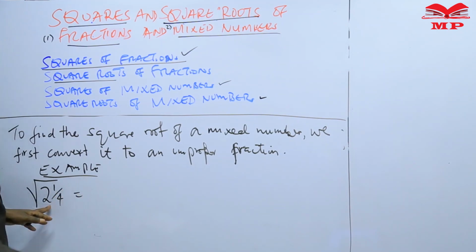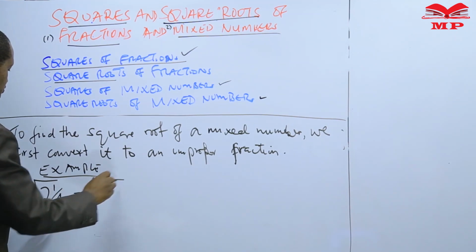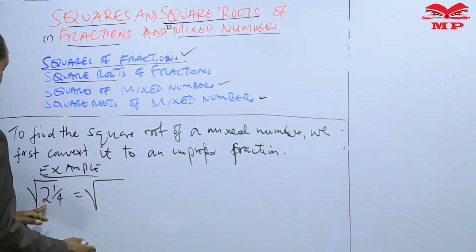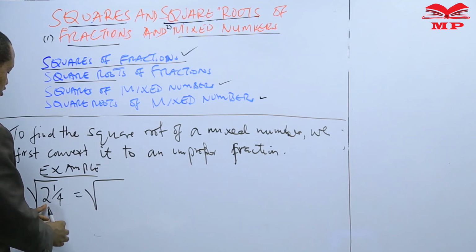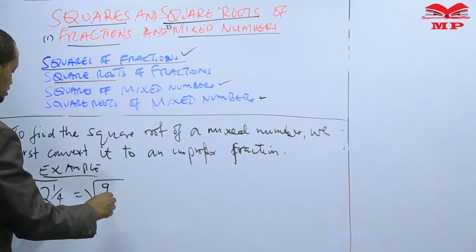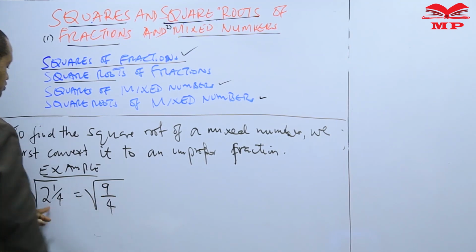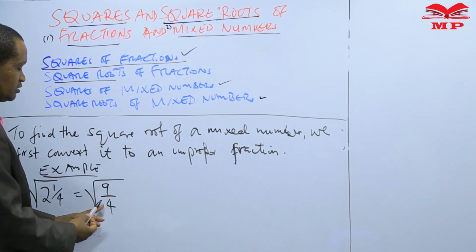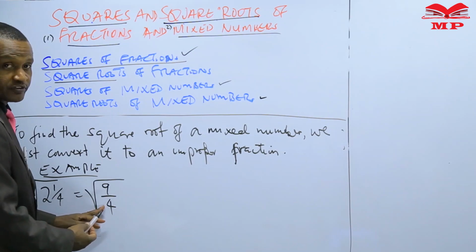So this will be equal to the square root of 4 times 2 is 8, plus 1, 9 over 4. This is now an improper fraction.